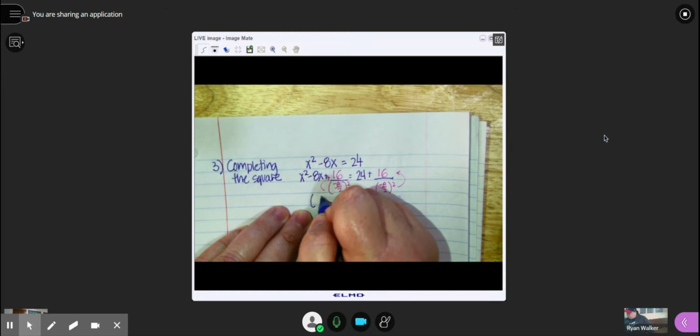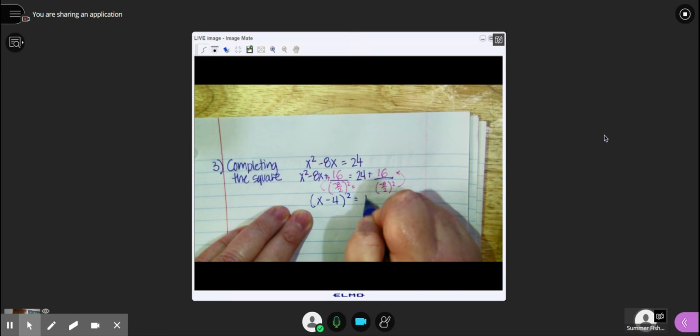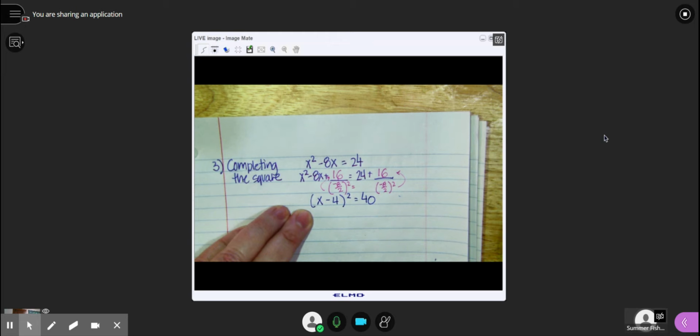There we go. This would be an x minus 4 squared is equal to 40.